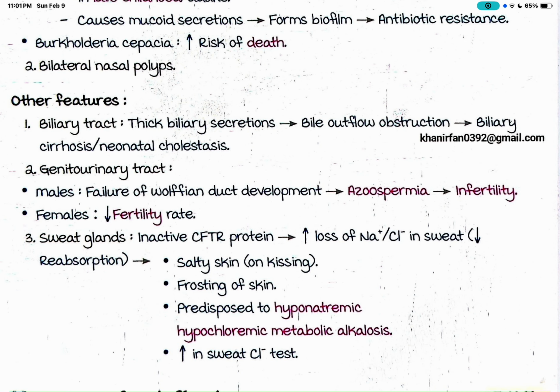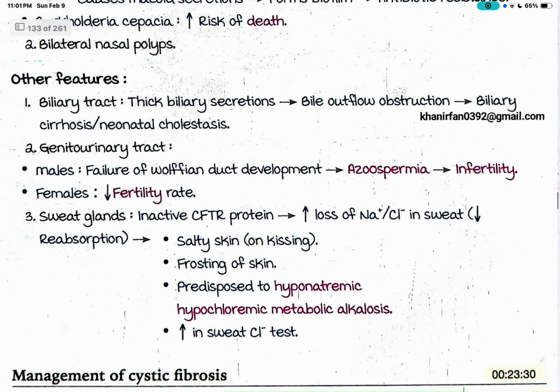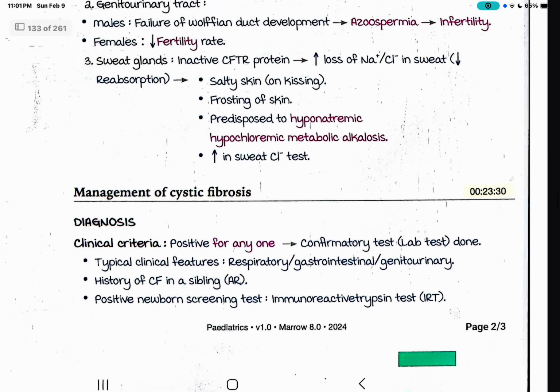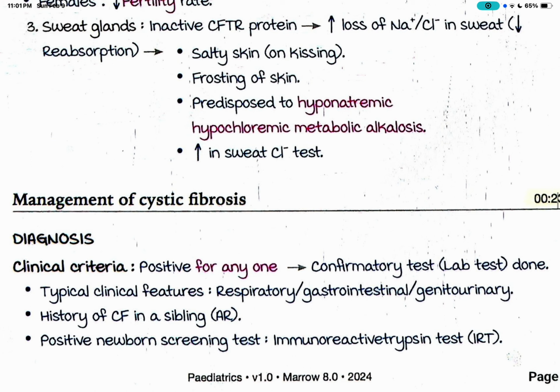Sweat glands: inactive CFTR protein, increased loss of sodium chloride and decreased reabsorption. Salty skin on kissing, frosting of skin, predisposed to hyponatremic, hypochloremic metabolic alkalosis, increased in sweat chloride test.